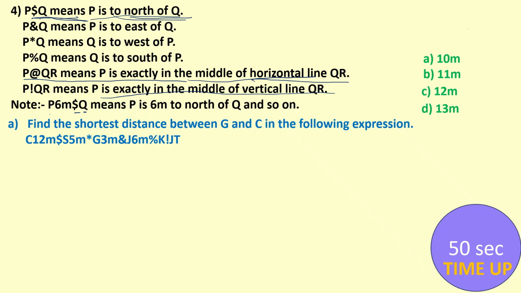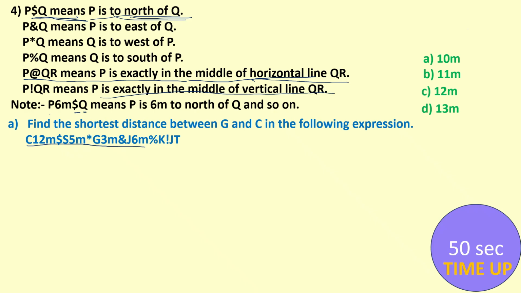Okay, so we will solve. So what is the expression given to you? This is the expression given to you. Okay. First they have said, see here, C 12 meter dollar S. Now just exclude whatever distance they have given you. 12 meter, just exclude.